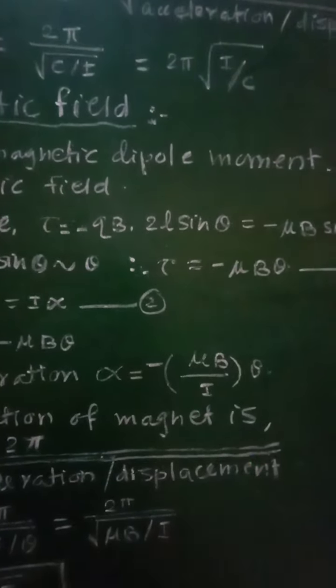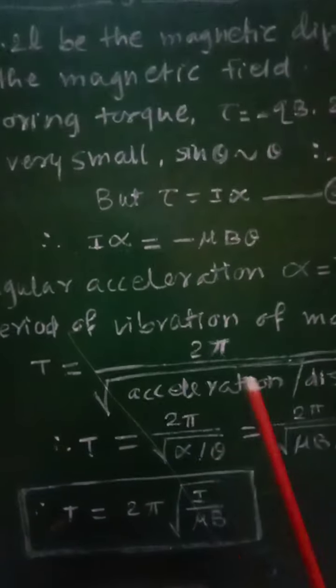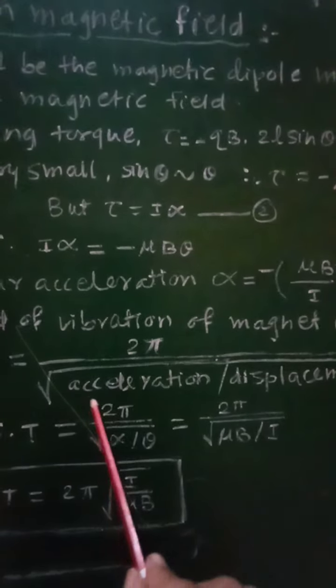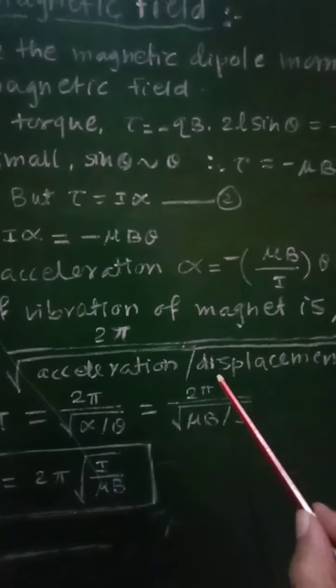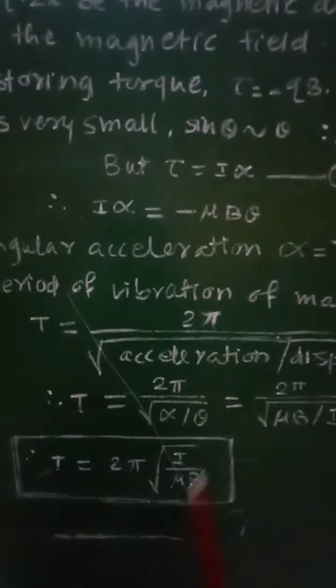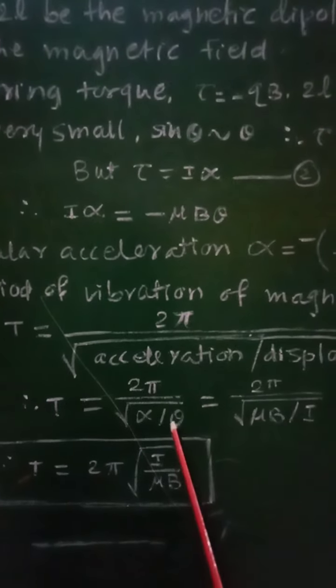So this magnet, when it is displaced from its mean position through some angle, will perform angular SHM. Now if T represents the period of vibration of that magnet, then it will be given as T equal to 2 pi upon square root of angular acceleration per unit angular displacement, that is T equal to 2 pi upon square root of alpha upon theta.